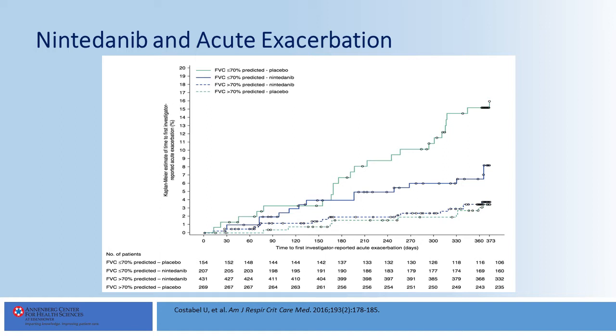And really, I mean the people with an FVC of 50 to 70% predicted in a subgroup analysis of that study. Those with FVC values over 70% predicted, nintedanib did not seem to have an effect on acute exacerbation. I will say there are many post hoc and pre-specified analyses looking at acute exacerbation with different signals, but this is encouraging. It makes sense that it might prevent exacerbation in the sicker patients.